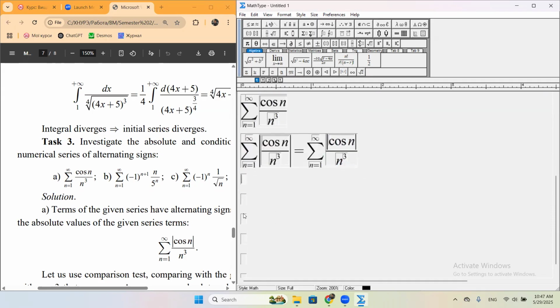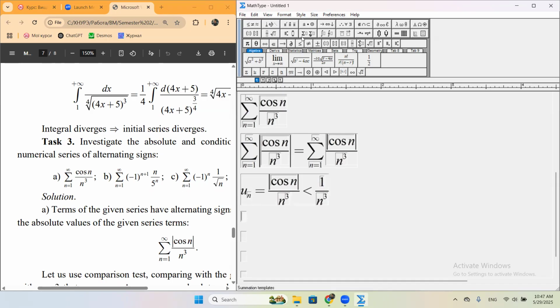And what can we say about such a series? About this term: it equals the module of cosine of n over n cube, and it is less than or equal to 1 over n cube, because cosine is always less than or equal to 1. So we can write it down like this.